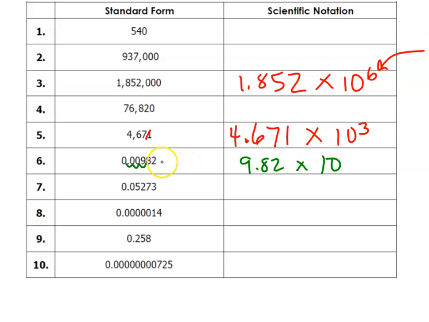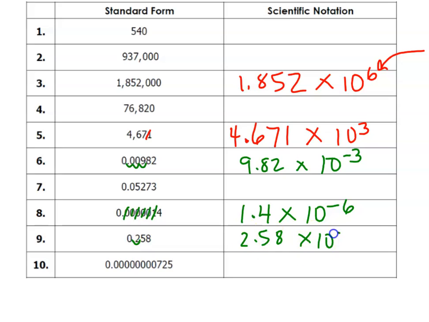But because my number was small, it's going to be a -3. How about this one? 1, 2, 3, 4, 5, 6. 6 places to get between 1 and 4. This one moves 1 place. And this one moves 1, 2, 3, 4, 5, 6, 7, 8, 9.